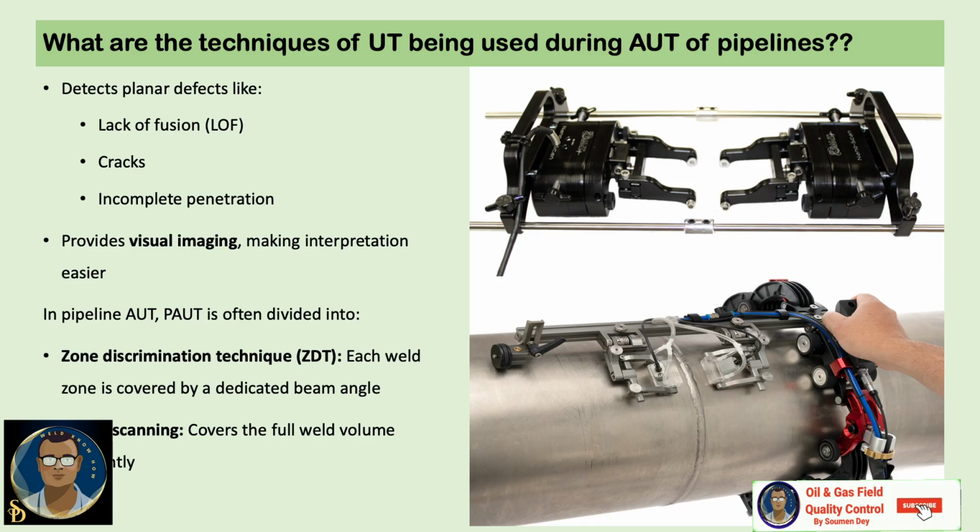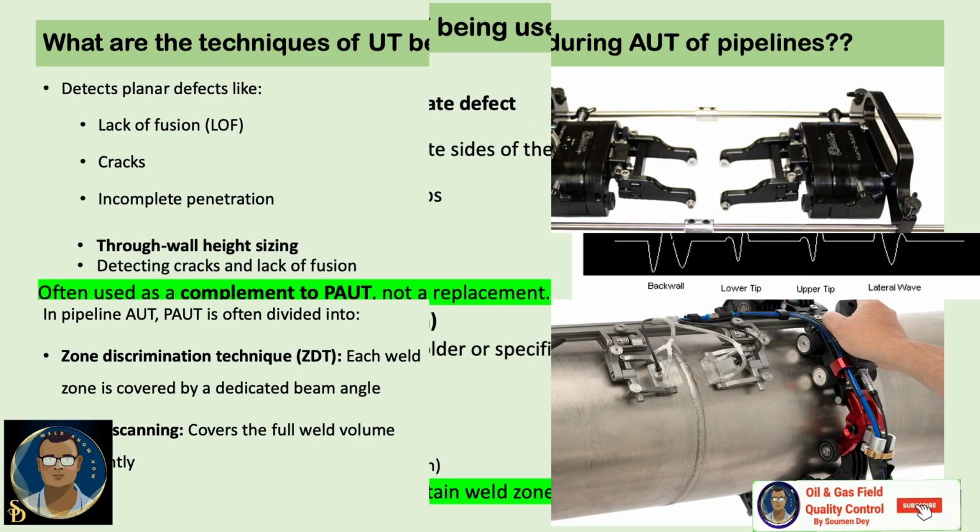PAUT detects the planar defects like lack of fusion, cracks, incomplete penetration, and it provides visual imaging, making interpretation easier. In pipeline AUT, PAUT is often divided into zone discrimination technique or ZDT. Each weld zone is covered by a dedicated beam angle, and linear scanning covers full weld volume efficiently.